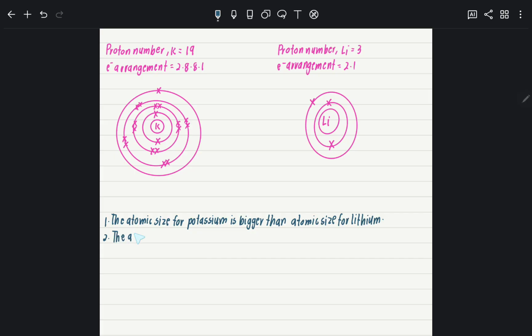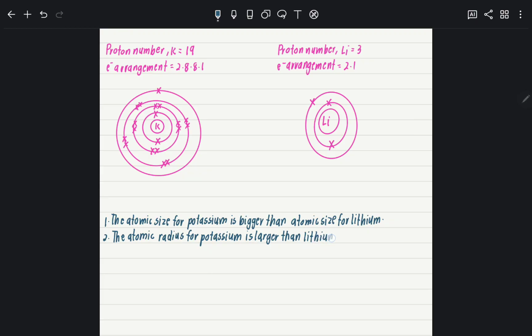The atomic radius for potassium is larger, the atomic radius is larger, then lithium is smaller.